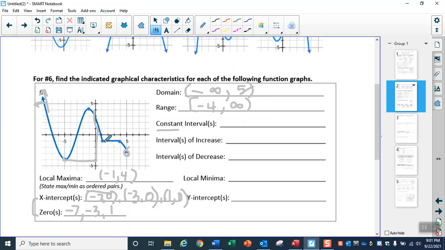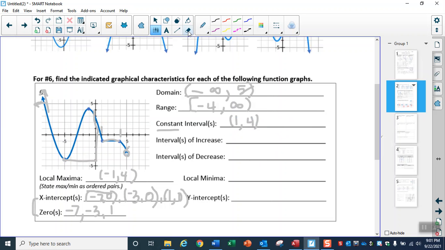Constant means horizontal line, so that would be here. So that's from 1 to 1, 2, 3, 4, 1 to 4. All right, so from 1 to 4, and I'm going to use parentheses there.